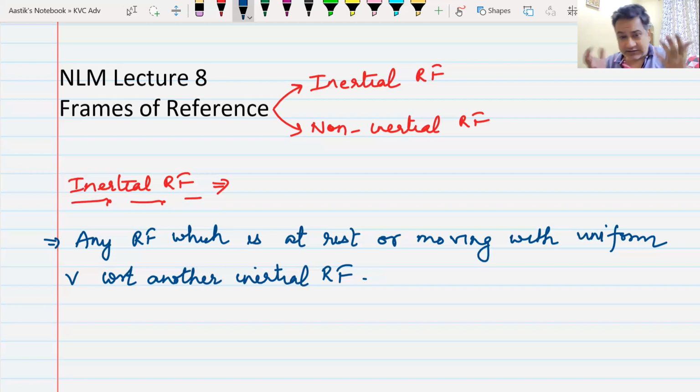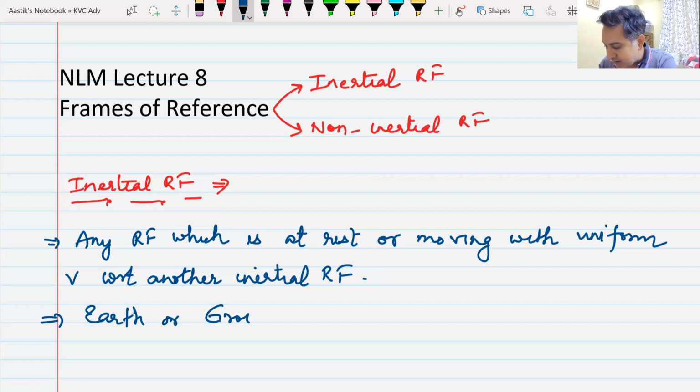But for all practical reasons, for the problems we do in this class, Earth will be taken as an inertial reference frame, though in actual theory Earth is not one. So earth or ground can be taken as an IRF, inertial reference frame. Anything moving with uniform velocity with respect to Earth, or at rest with respect to Earth, can be taken as an inertial reference frame.